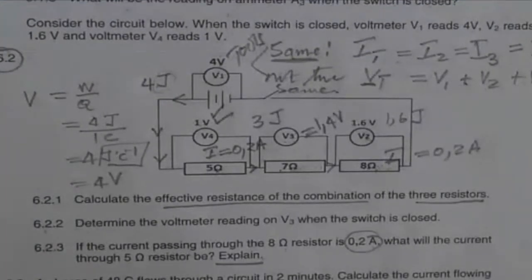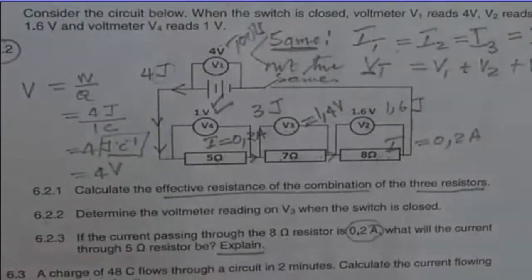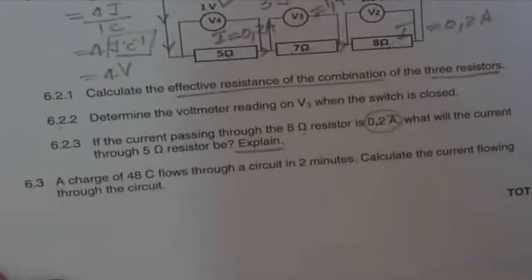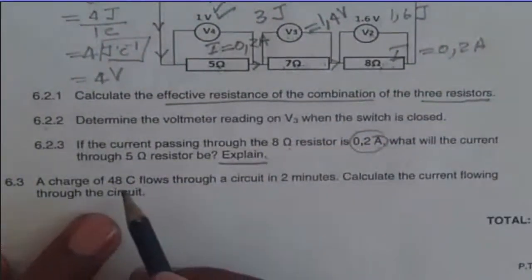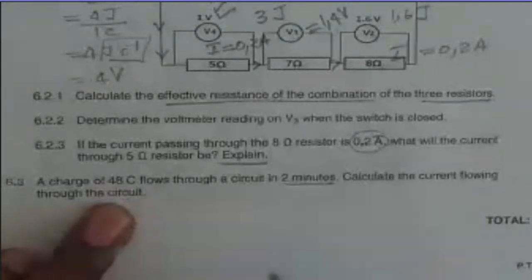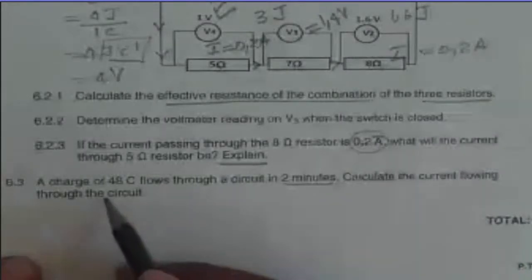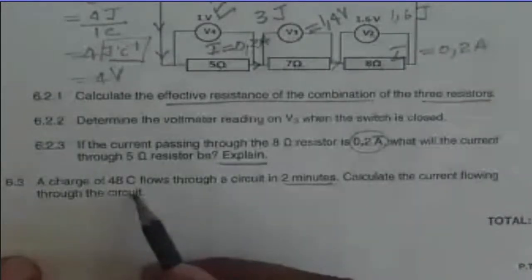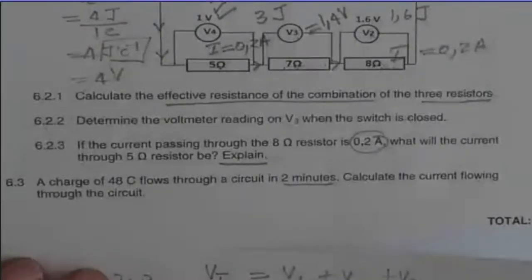6.3, a charge of 48 coulomb flows through a circuit in 2 minutes. Calculate the current flowing through the circuit. So what is the data given there?